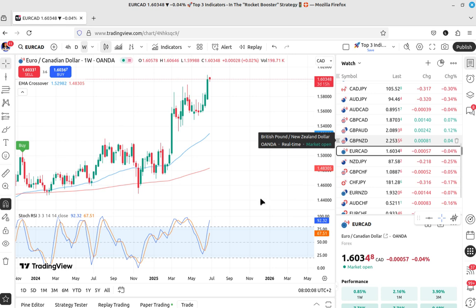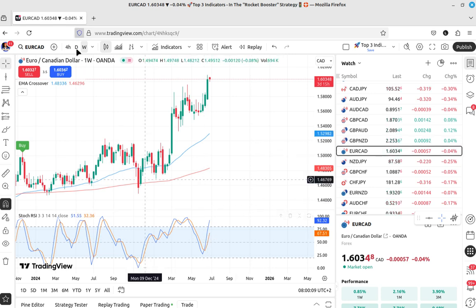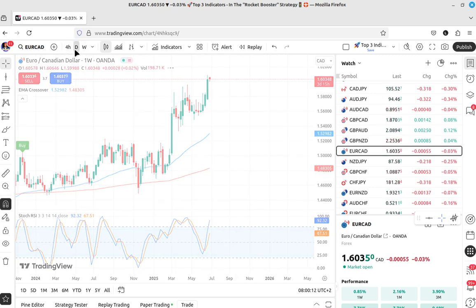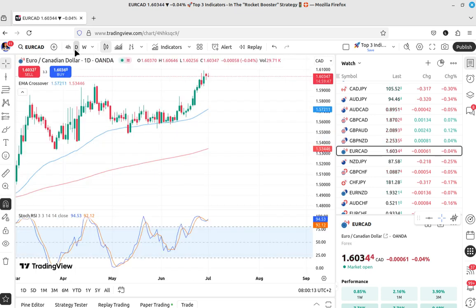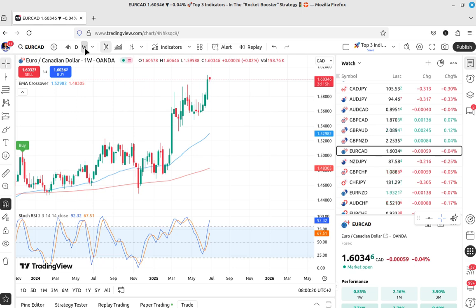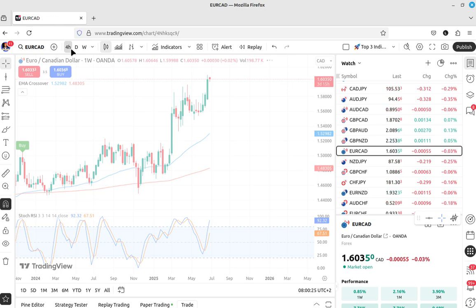Okay, so this is a good example of a breakout, and in such an event would need a reversal on the day. Right, it's a good candidate for a weekly breakout.